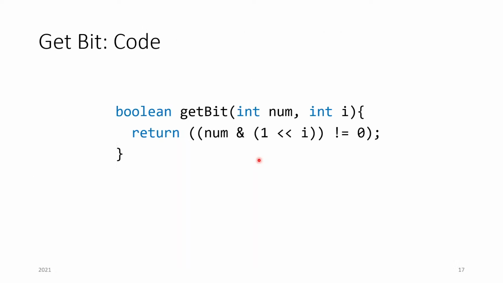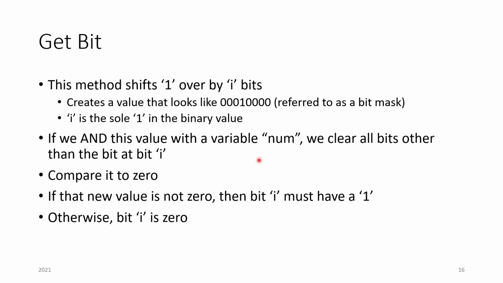Alright, so let's see what we're talking about for the get bit. So I'm just going to illustrate this here. Let's say we had some input value here, 0, 0, 0, 0, 1, 0, 0, 0, and we wish to check this particular bit here.